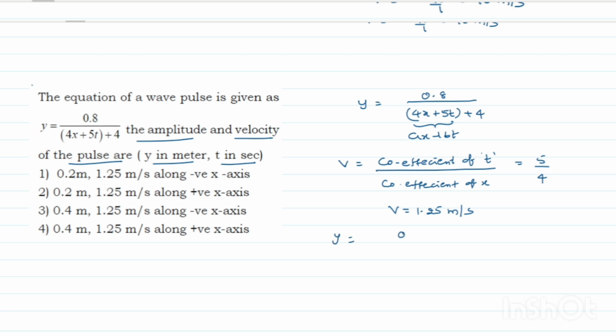The second thing they are asking is the amplitude, which will be the maximum. Here we take 4x plus 5t plus 4.